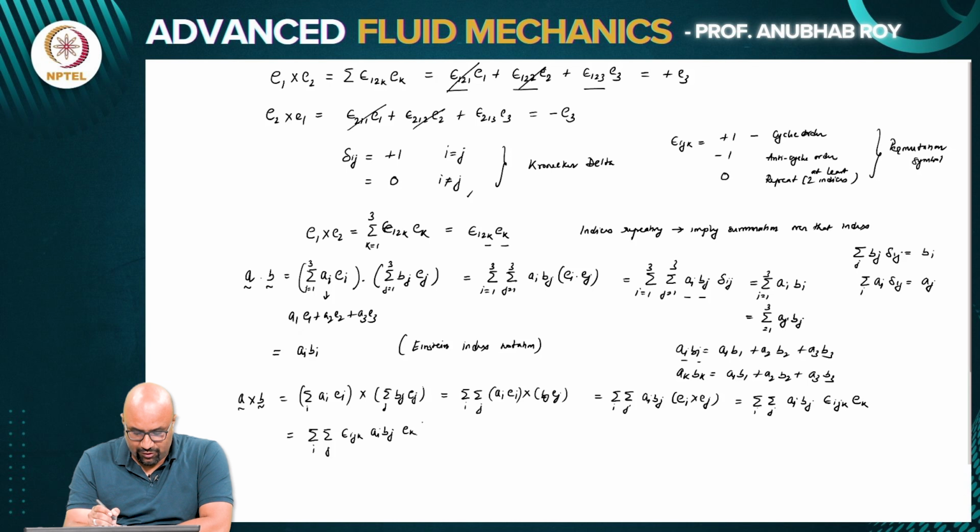Now you see that you have these repeated indices appearing in the problem. Ek is basically the direction in which the final vector points. The repeated indices that I have are over i and j here. So, what I will write is that the kth component of the cross product is epsilon ijk Ai Bj.